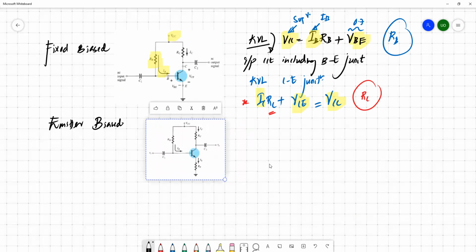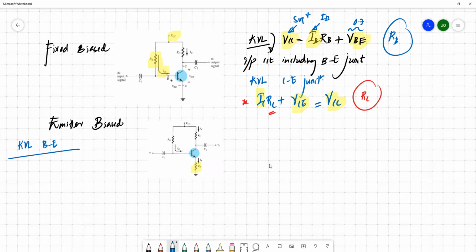You can see the same configuration as in the previous fixed bias scenario, but in addition we place an emitter resistance. So what happens with this emitter resistance? If we apply Kirchhoff voltage law for the base emitter junction, what happens?